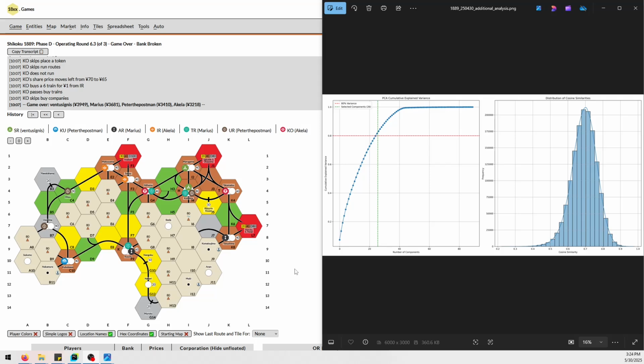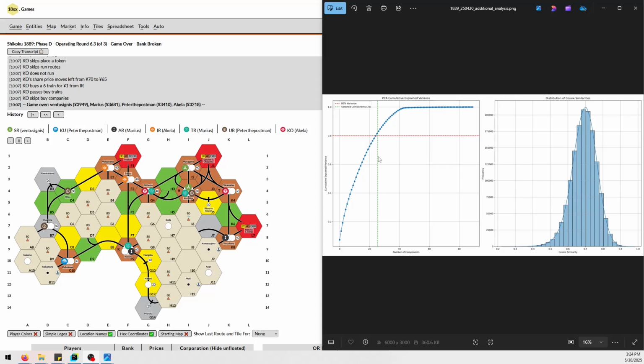So you can see here for 1889 that we have a vector with 100 dimensions or whatever, but we only need about 25 of them to explain most of the variation that we're seeing in the data. So we can take that reduced data set to do further analysis.